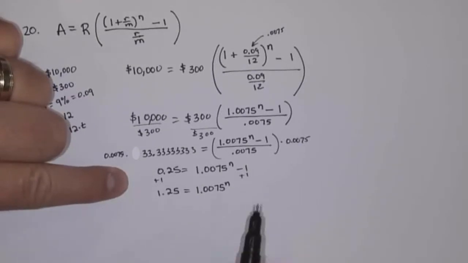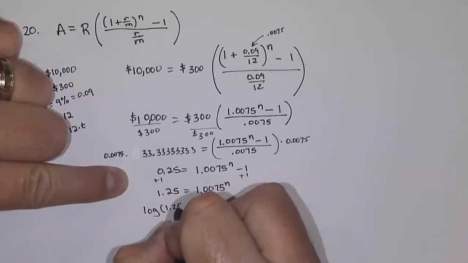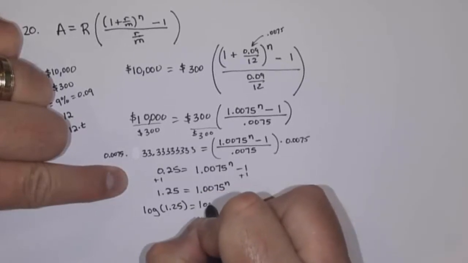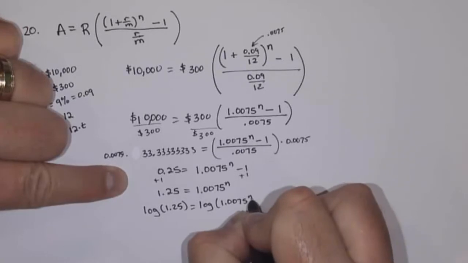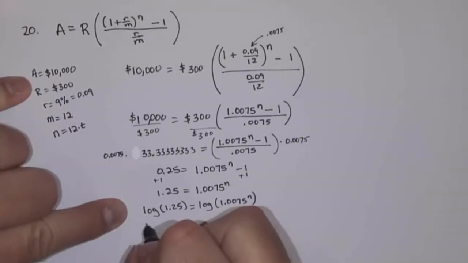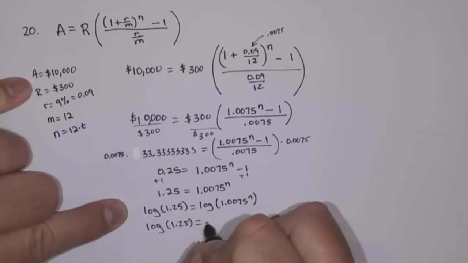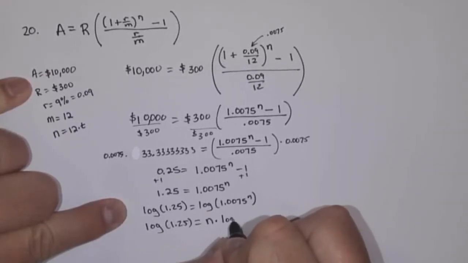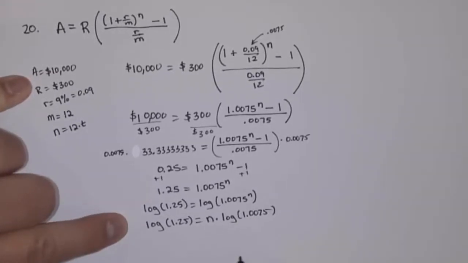To do that, I'm going to take the log of both sides. So the log of 1.25 is equal to the log of 1.0075 to the n. So I can pull down that n. The log of 1.25 equals n times the log of 1.0075.